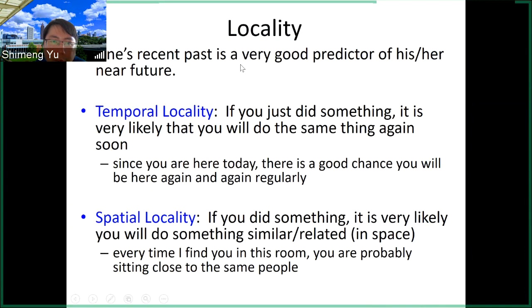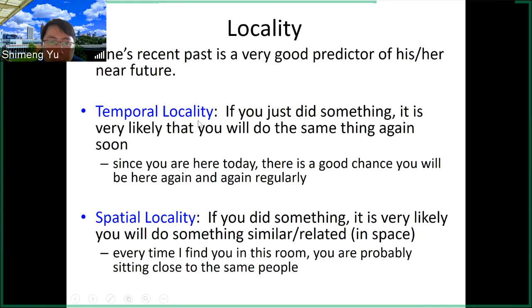And then here we are going to introduce the principle that is used in the cache. The cache is to store temporal data, and those data are frequently used by your CPU core. So here the principle is based on locality. We have temporal locality and spatial locality.